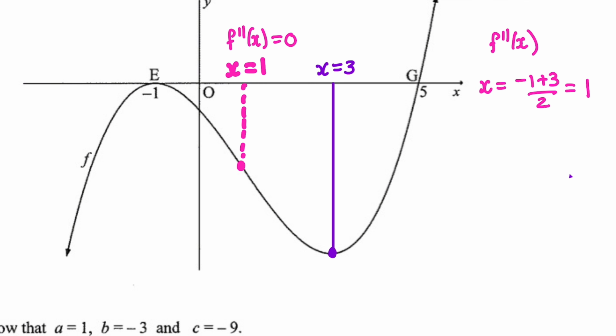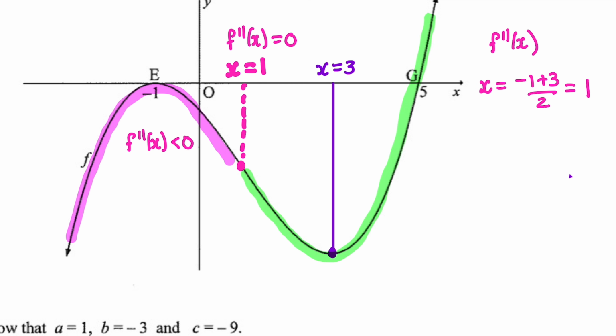Now you can see everything moving towards that point is concave down, and what that means is that the concavity, or f double prime x, would be smaller than 0, and to the right of the point of inflection is concave up.